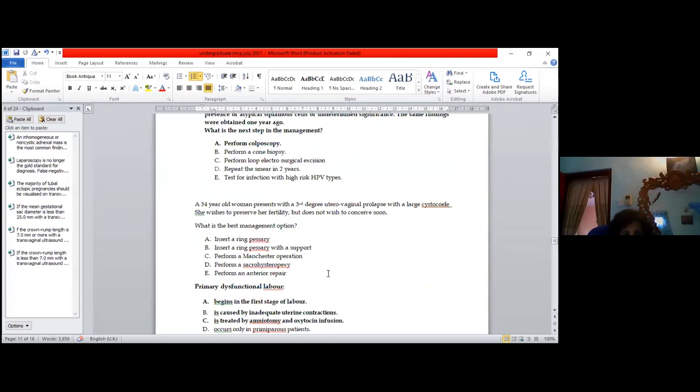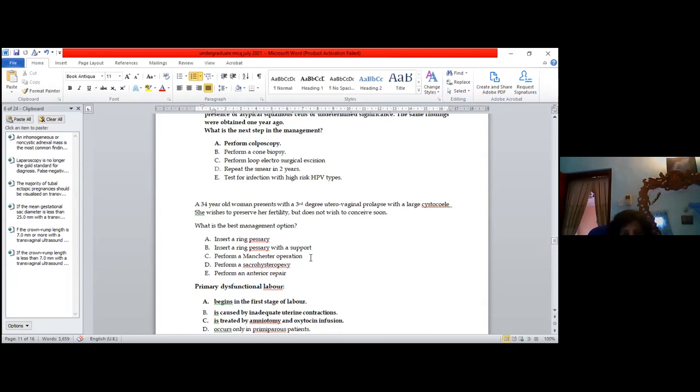A 34-year-old woman presents with a third-degree vaginal prolapse. She wishes to preserve her fertility, but does not wish to conceive soon. If she wishes to conceive soon, you insert a ring pessary and ask her to conceive.